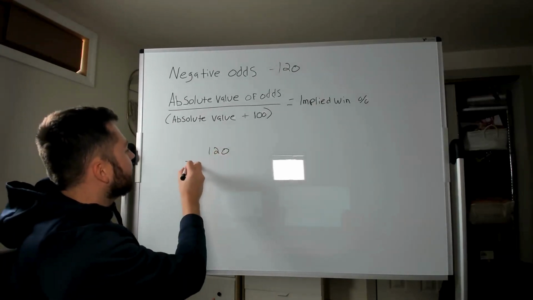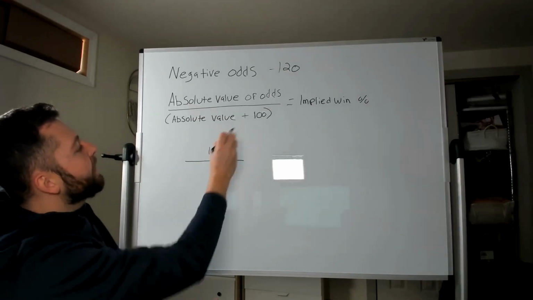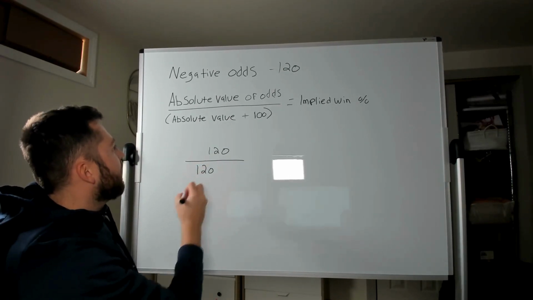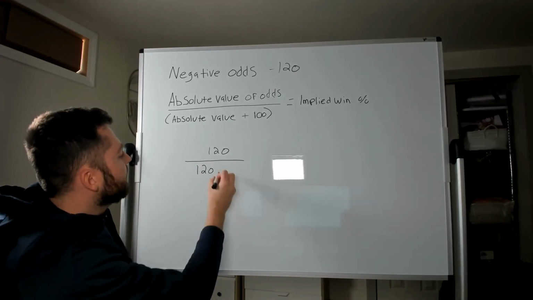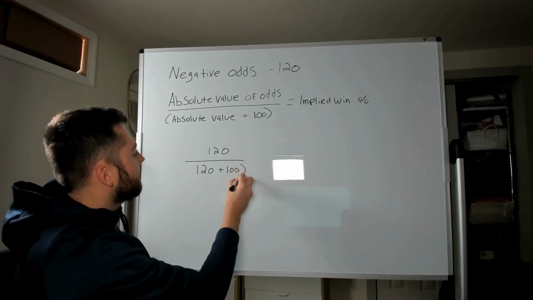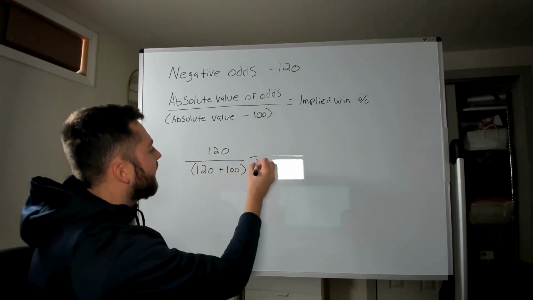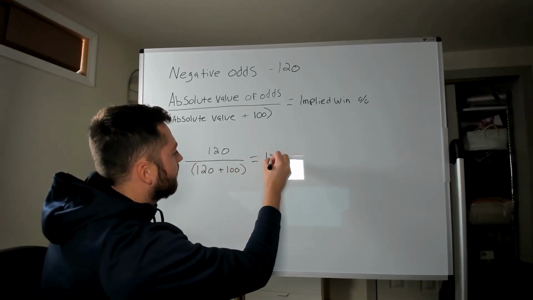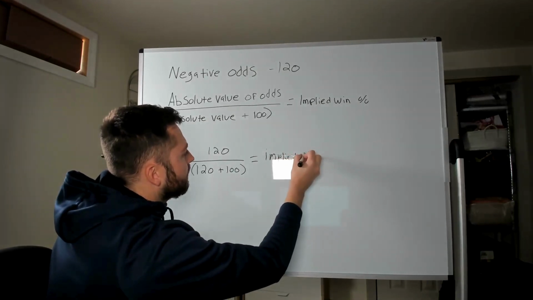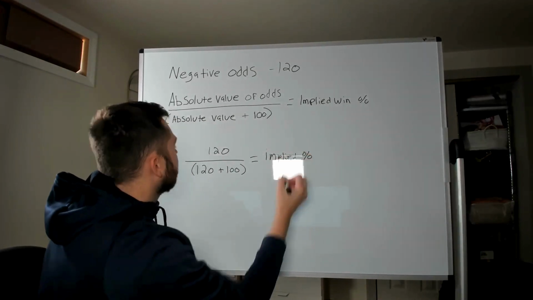Then we need to divide that by the absolute value plus 100. So we have the absolute value, which is also 120, plus 100, and that will equal the implied win probability, the implied percent of winning.